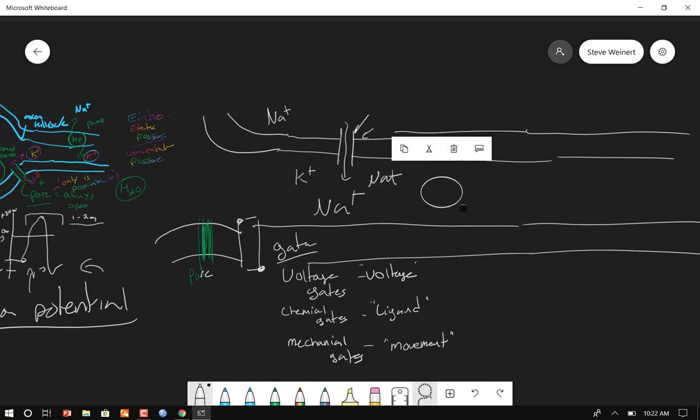Anyway, the sodiums move this way, and the sodiums move this way. If you dump a bunch of sodium into the water, it's going to spread out equally throughout the cell until eventually there's no concentration gradient anymore. It's equally concentrated.